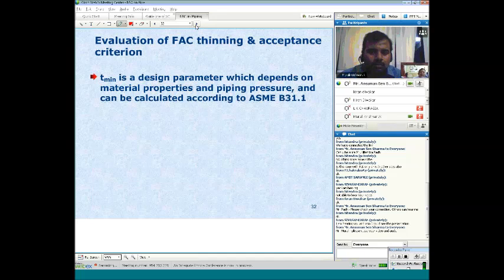The T minimum, with which you are going to compare, is basically a design parameter. You can calculate it from the guidelines given in ASME B31.1. It is nothing but the thickness we get for a cylindrical pipe with the circumferential stress into consideration, that is PD by 2T.